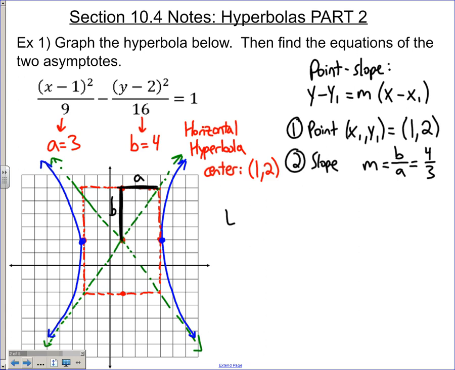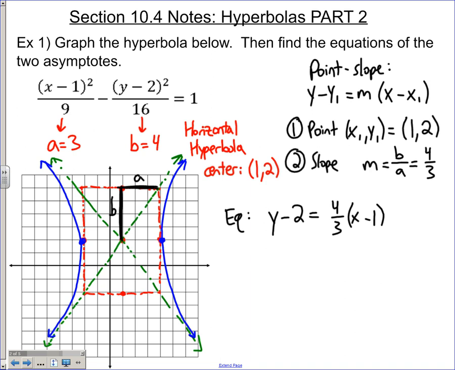Writing the equation of the asymptote, I get y minus 2 equals 4/3 times the quantity x minus h, which is 1. And that is the equation of the asymptote.